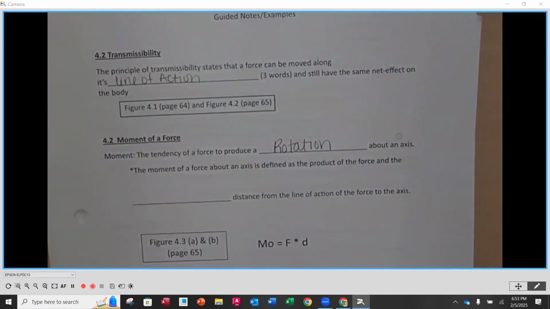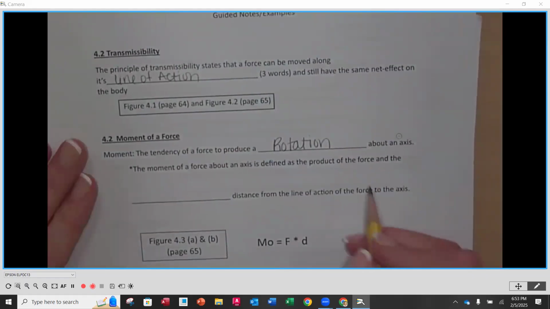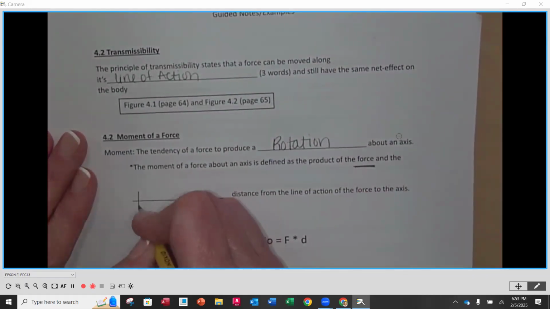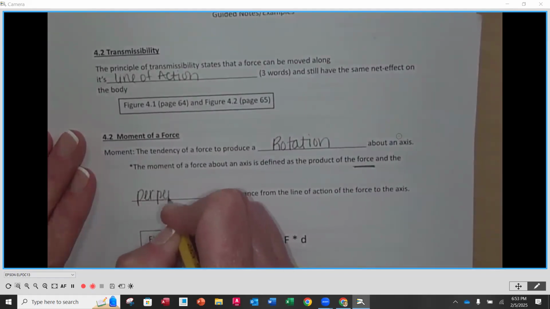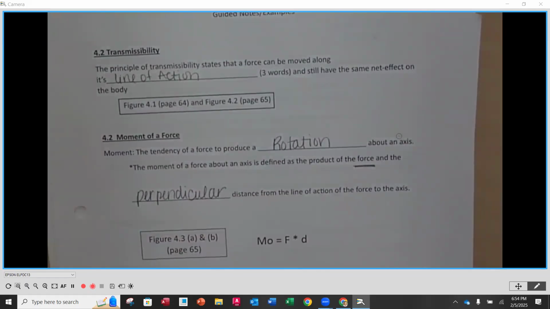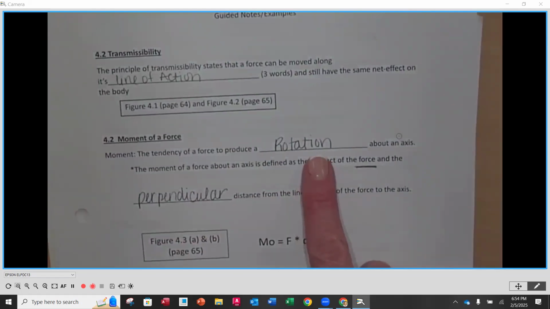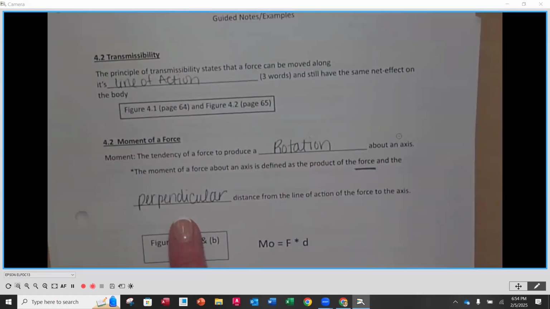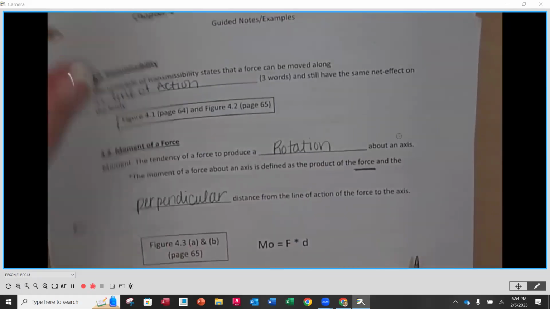The moment of a force about an axis is defined as the product of the force and the perpendicular distance from the line of action of the force to the axis. Okay, so what does that mean? So rotation is the first blank, perpendicular is the second blank.